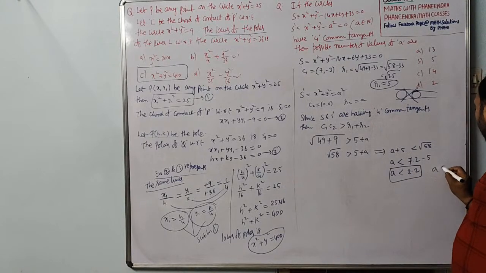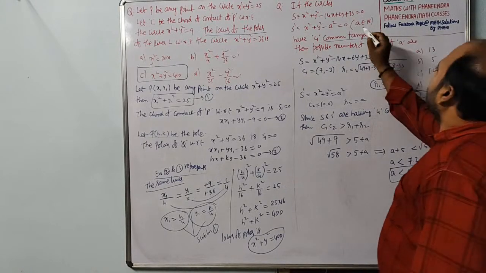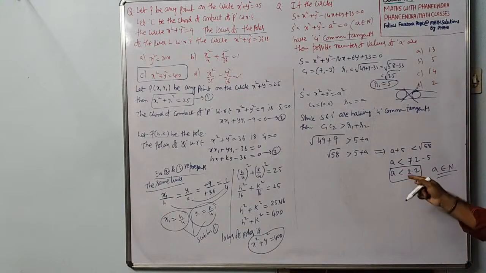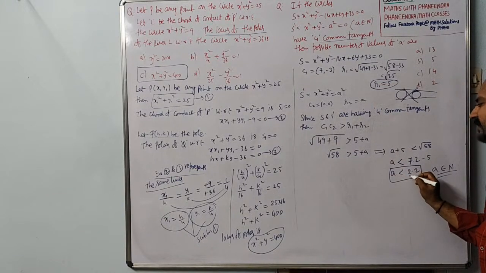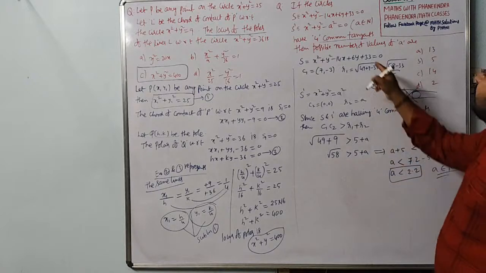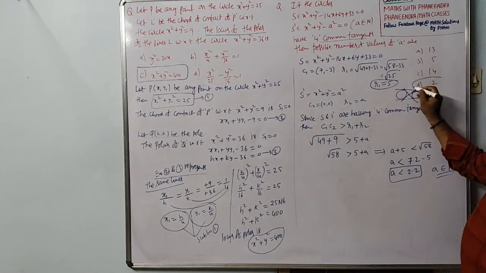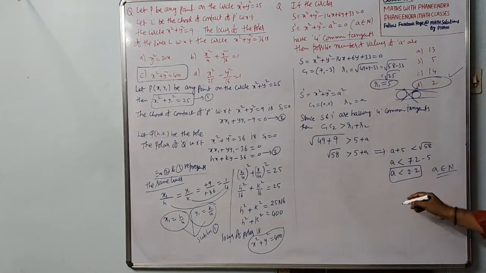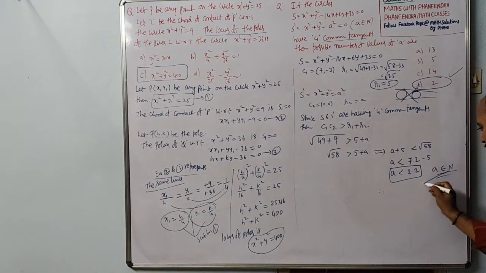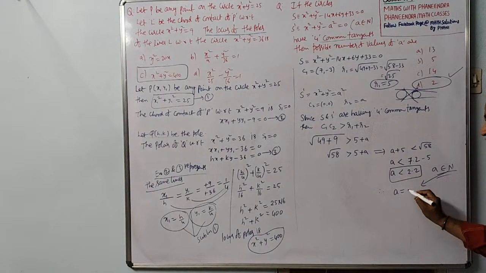A belongs to N, it is given, a natural number. So 2.2 rounded down means a is less than 2 in natural numbers. How many possible values of a? The nearby value of 2.2 for a is 2.